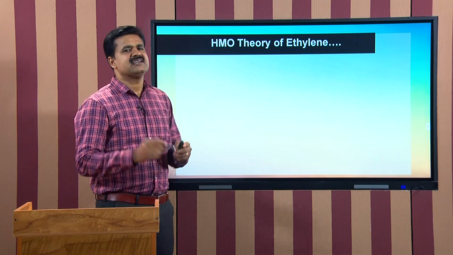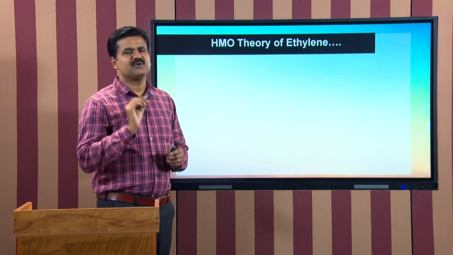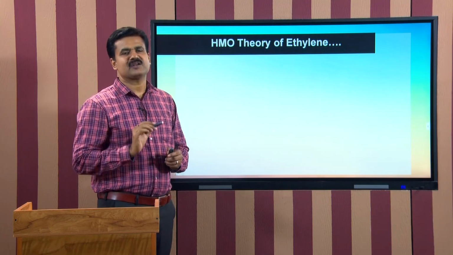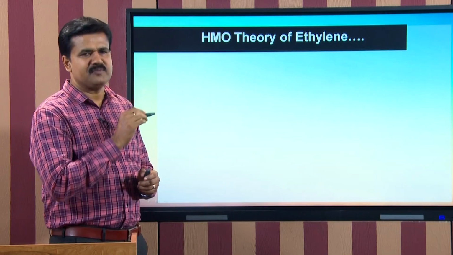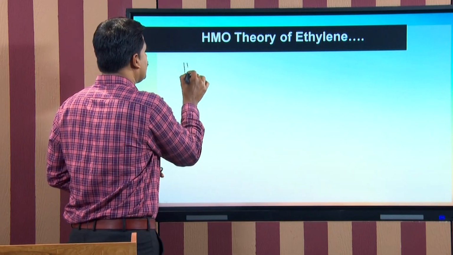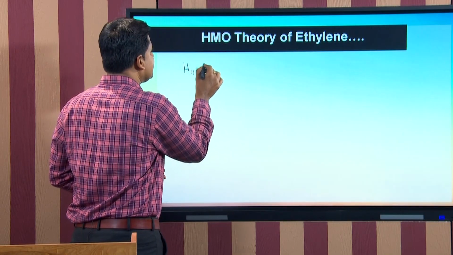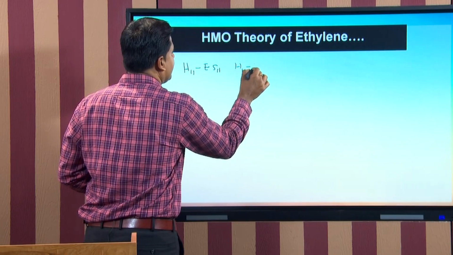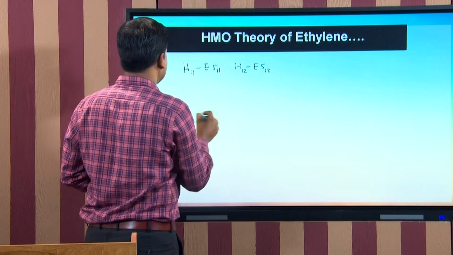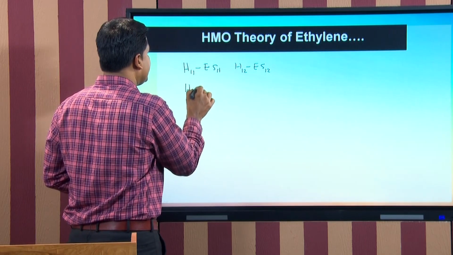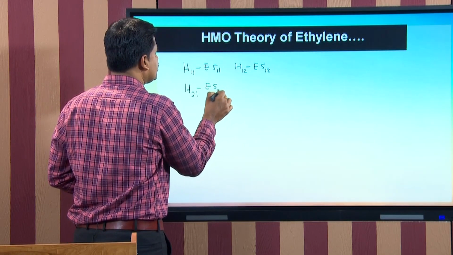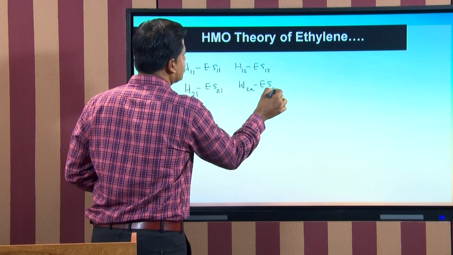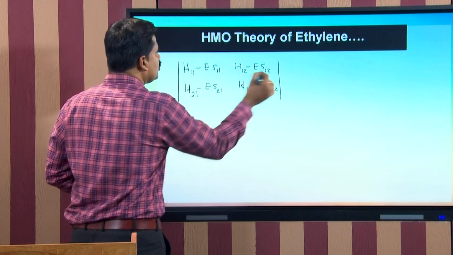And we can set up the HMO theory for the ethylene molecule by setting out the determinant first. The determinant should be like this: H11 minus ES11, H12 minus ES12, H21 minus ES21, H22 minus ES22 equal to 0.